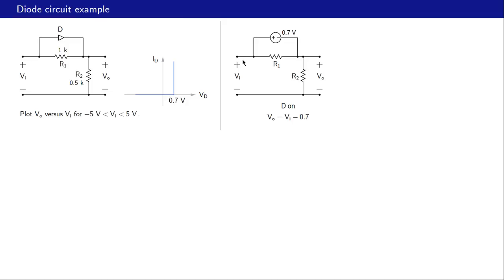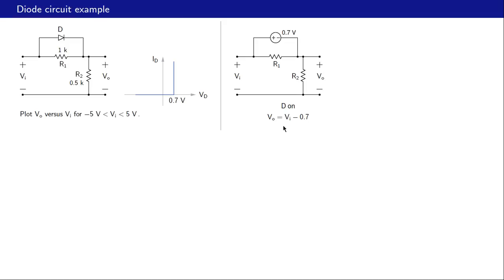We come across a rise of Vi, so that comes as -Vi. Then we have a drop of 0.7 volts, so that is plus 0.7 volts. And then we have a drop again, so that is plus Vo, and now we are back to the beginning. So these three must add up to 0, and that gives us Vo equal to Vi minus 0.7. So when the diode is on, that is the relationship between Vo and Vi that we would expect.